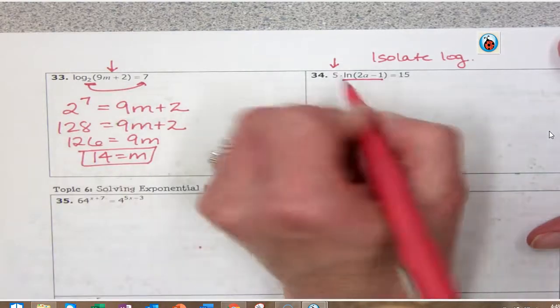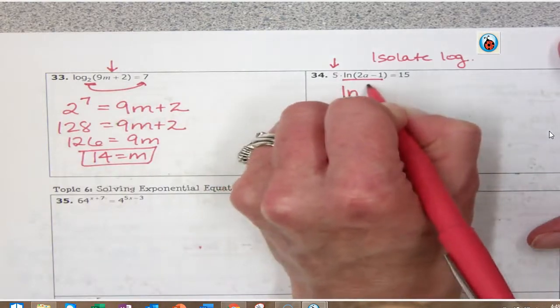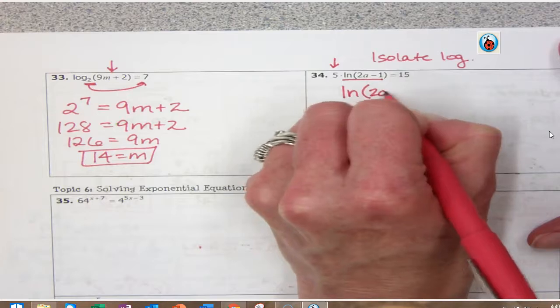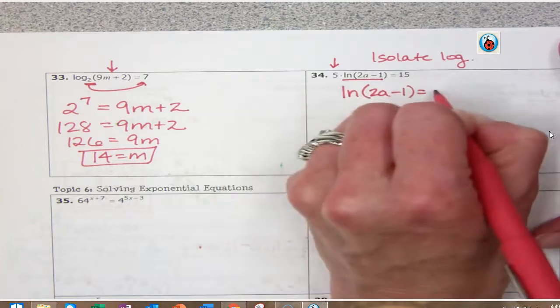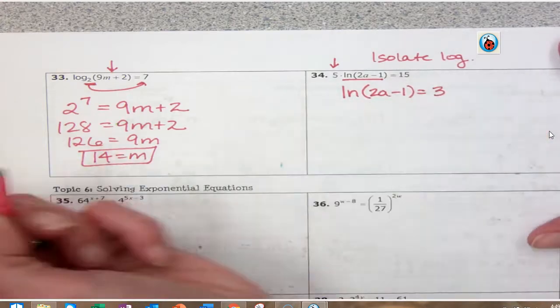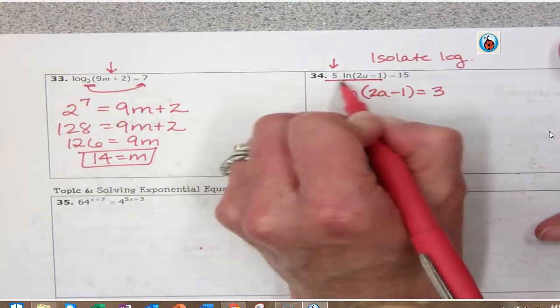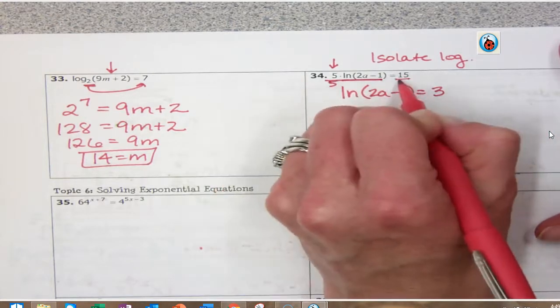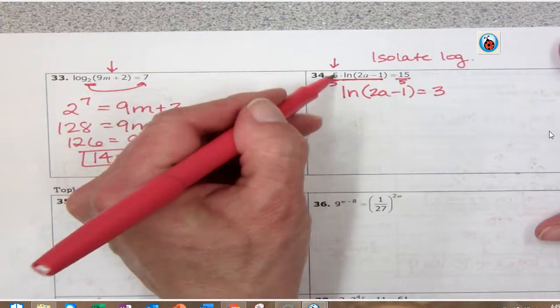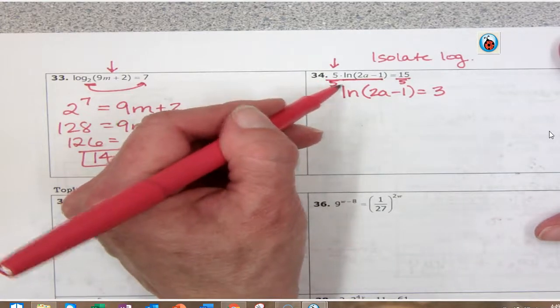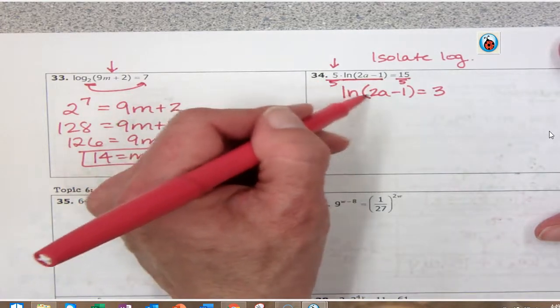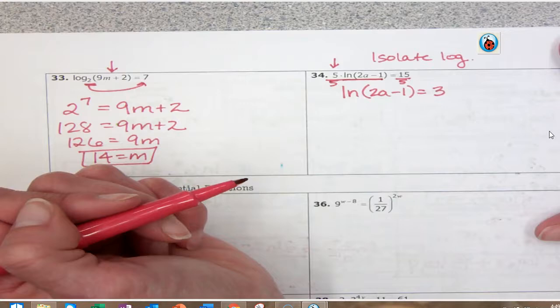So when I divide by 5 on both sides, I'm going to be left with the natural log of 2a minus 1 equals 15 divided by 5 is 3. Right, do you see that? I basically divided this by 5, divided that by 5. Those two 5's cancel out, and I'm left with just the natural log of 2a minus 1.